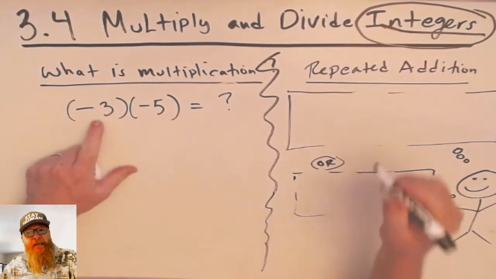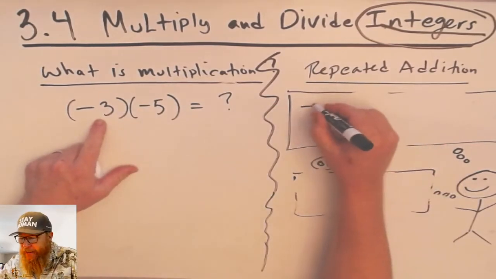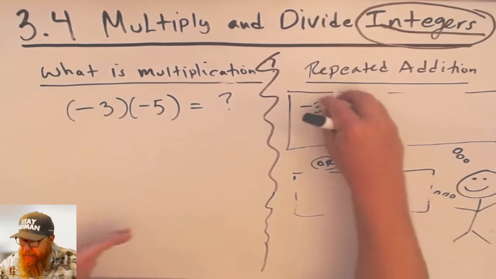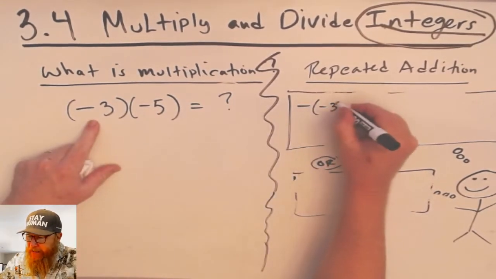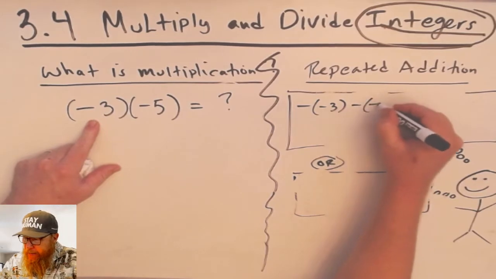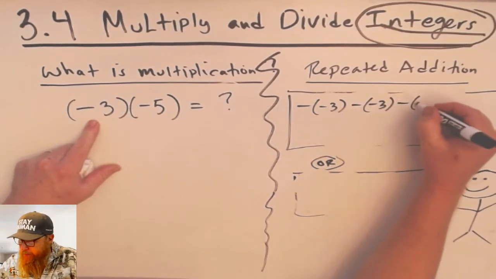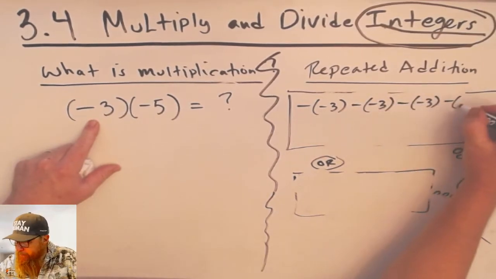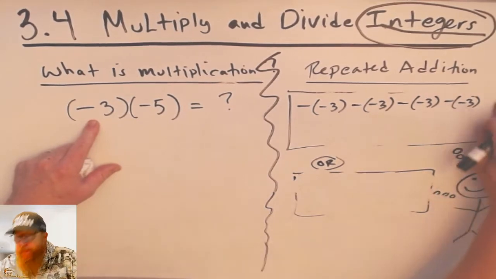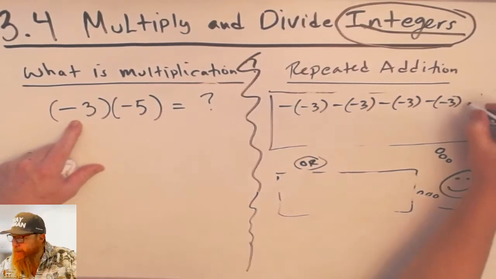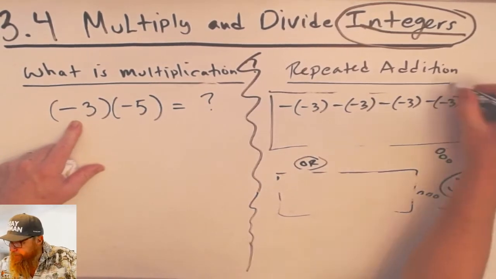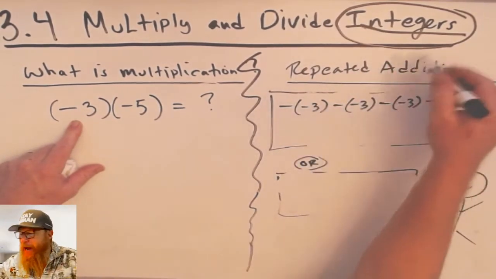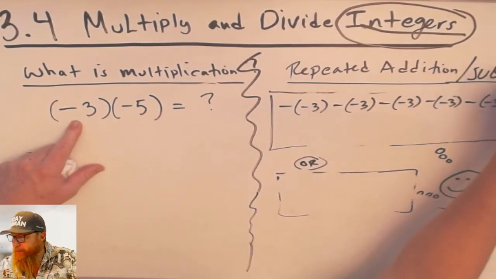Well, this would mean subtract negative 3. So subtract negative 3 5 times. I'm running out of space here. Remember, adding and subtracting are the same thing.